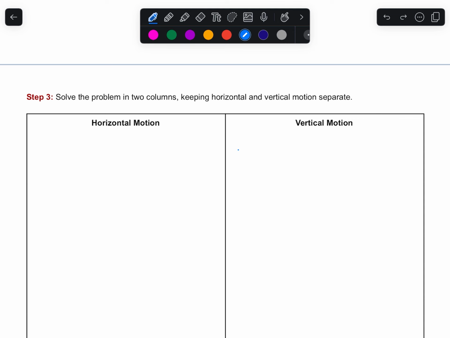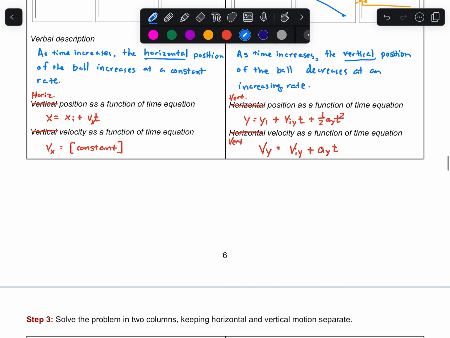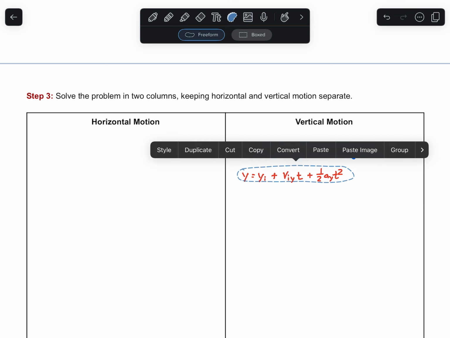Now, my advice on setting up these problems is to next create two columns. First, we're going to solve for the amount of time the projectile takes to reach the ground. Both equations have time in them, but with the information that I currently know, the best approach here is to use the accelerated vertical position equation, which I'm just copy-pasting for my own convenience.